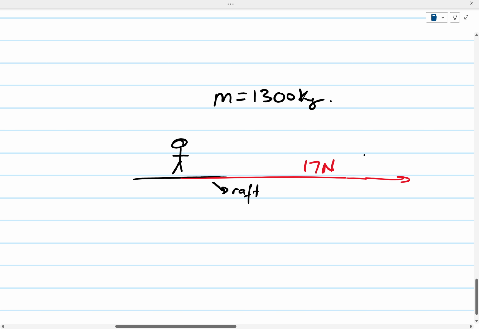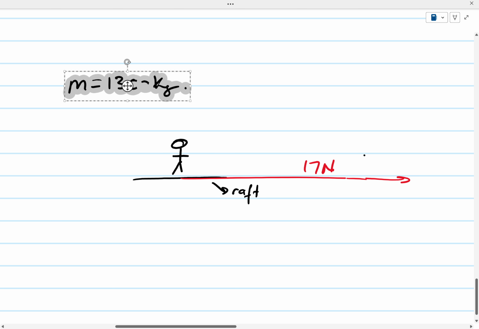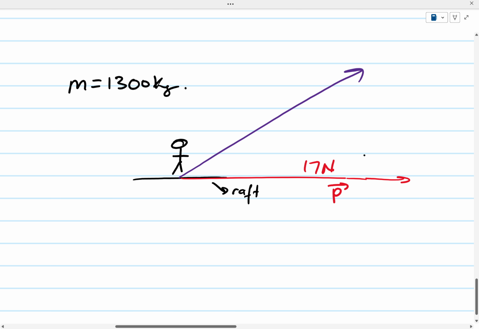So let's name this vector P, and this other vector is 15 newtons, vector A, at an angle of 67 degrees. We've mapped this entire system, ignoring resistance, air resistance and resistance from water.